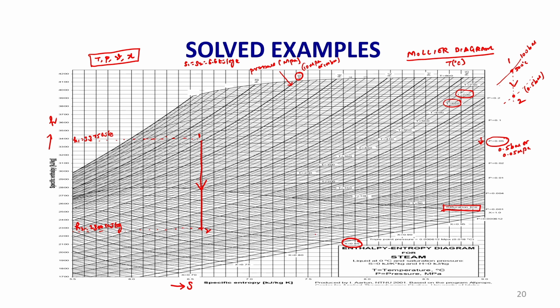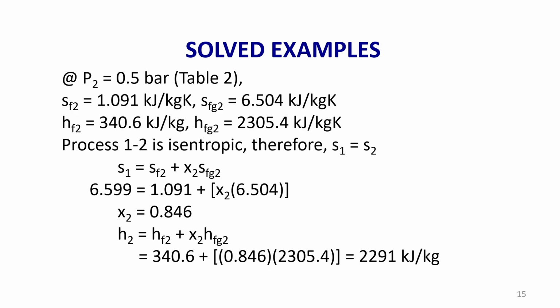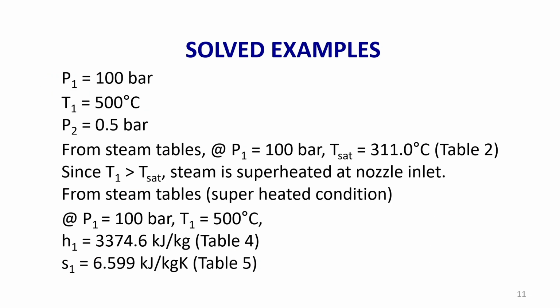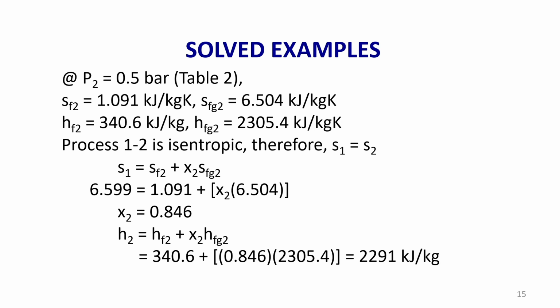Here this value is 0.85. Our calculated value from the steam table is 0.846, so it is close; if you round it off, it will be 0.85. That is what I am getting from the Mollier chart.